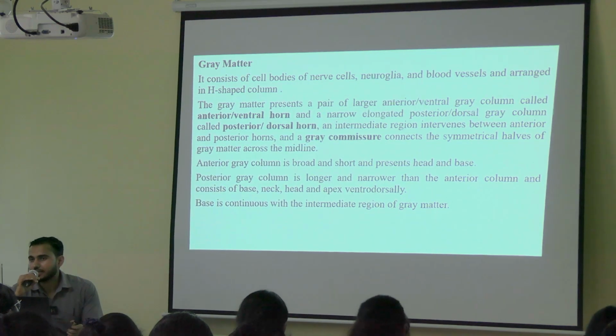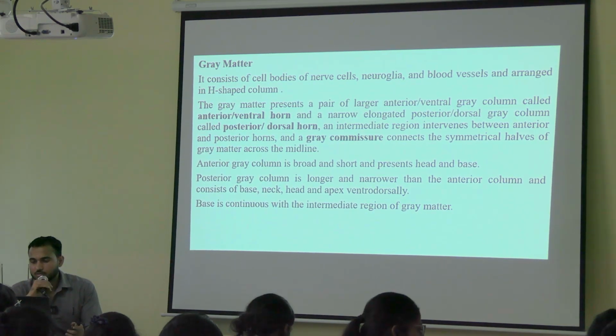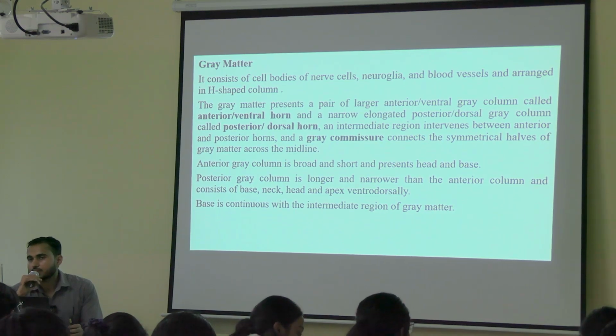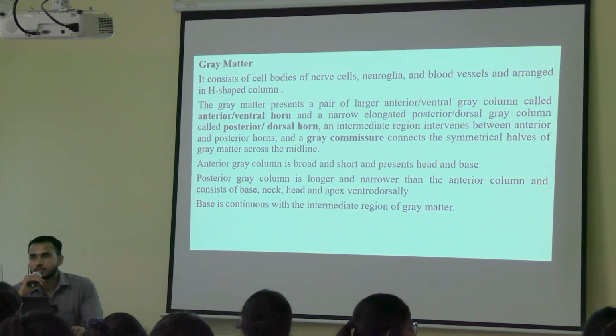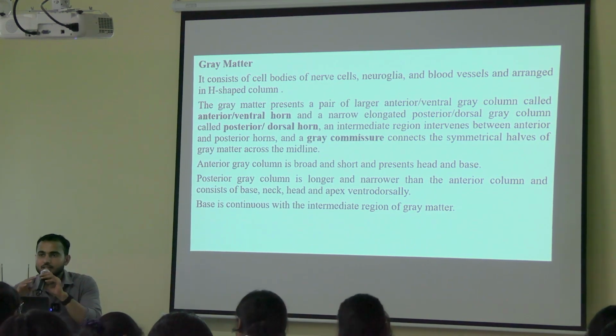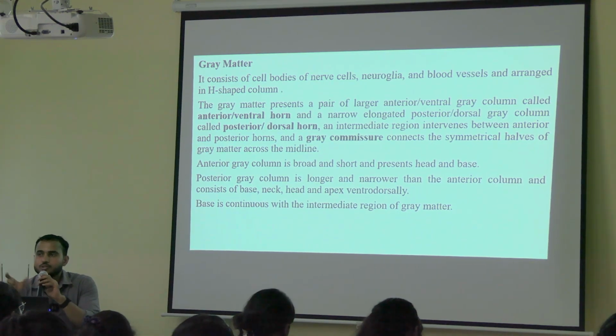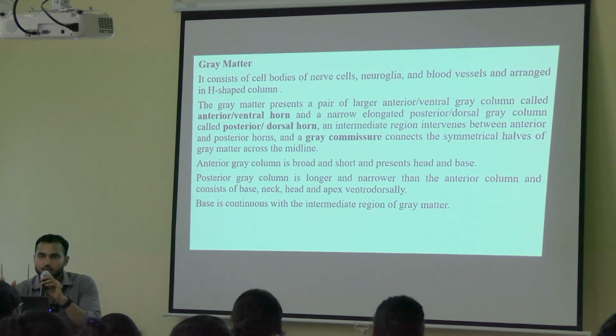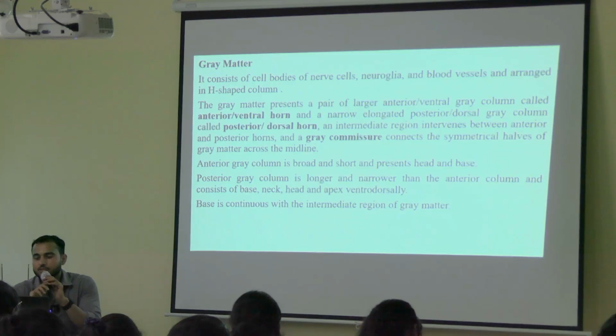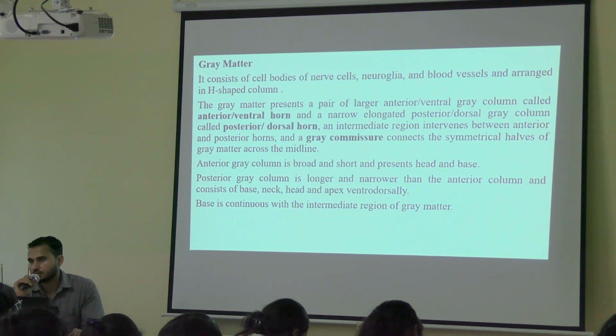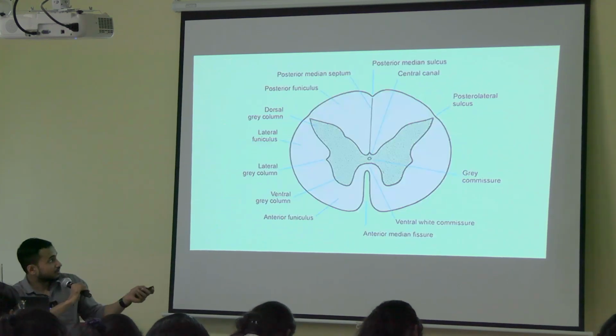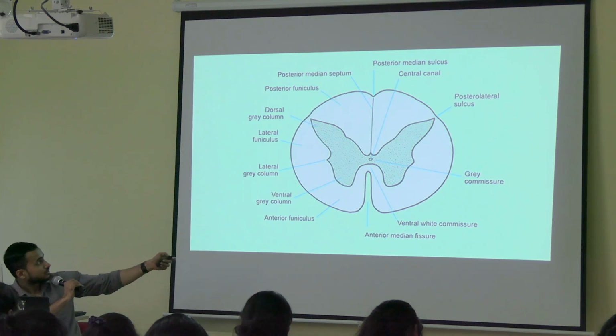Okay, intermediate area. An intermediate area intervenes between the anterior and posterior horn, and gray commissure connects the symmetrical half. Okay, so there is an area that is called gray commissure. Now this gray commissure, what it will do, it will interconnect, because two sides are there, right half and left half. So both the halves of the spinal cord of that particular section are interconnected to each other by this gray commissure. Okay, here you can see the gray commissure.